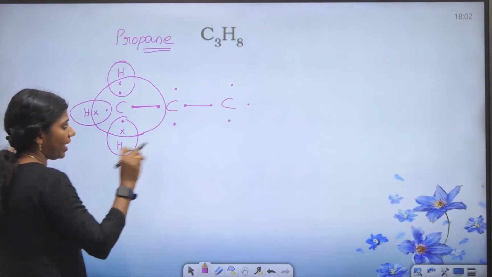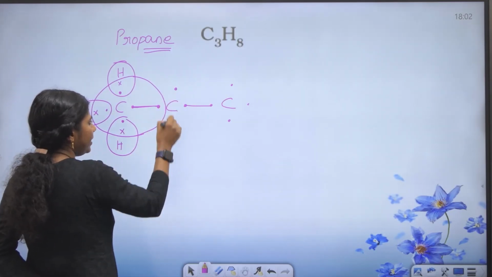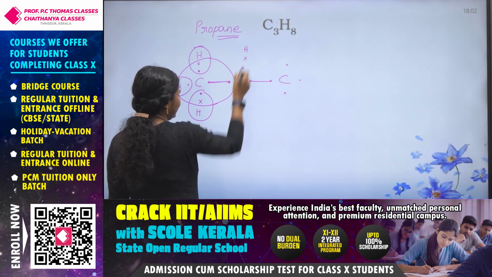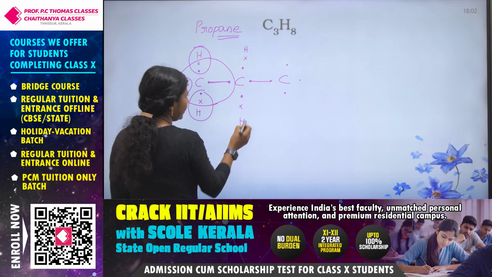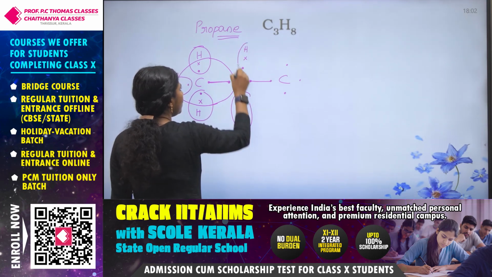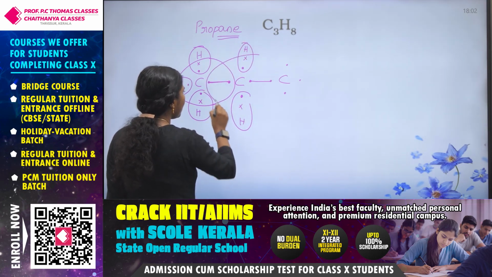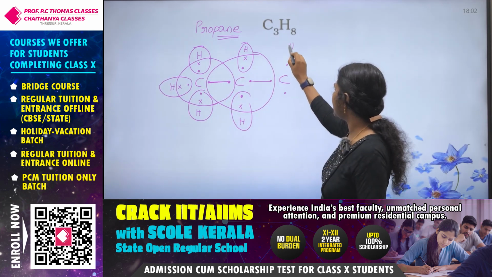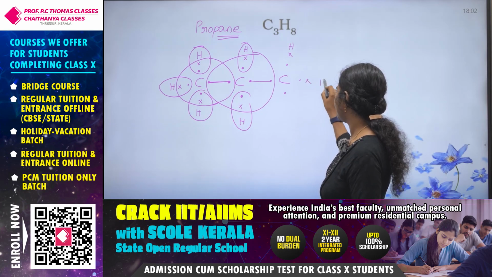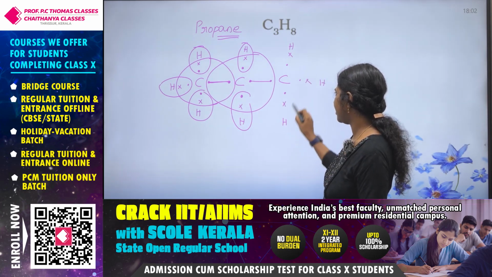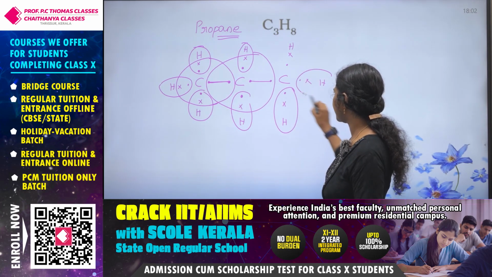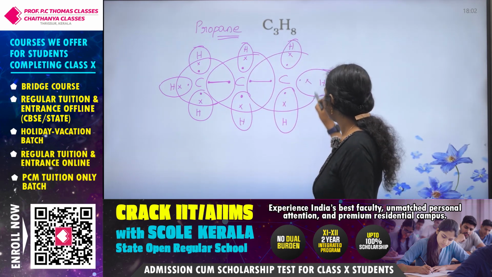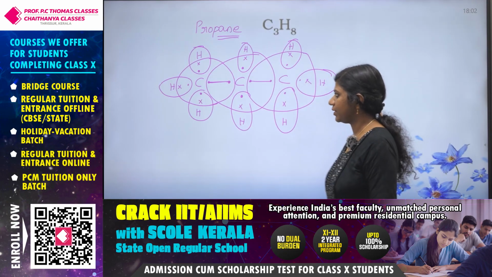The 2 unsatisfied valencies are satisfied by 2 hydrogen atoms. The remaining 3 valencies of the last carbon atom are satisfied by the last 3 hydrogen atoms. Total 8 hydrogen atoms are present.